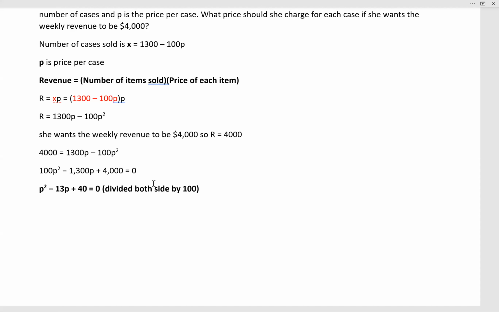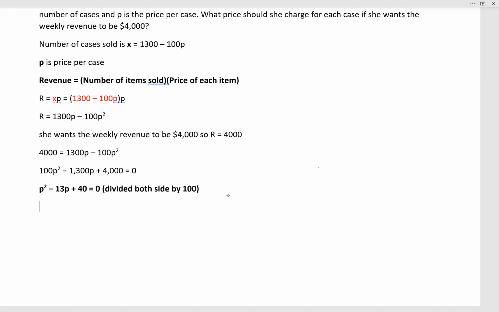So 0 divided by 100 is still 0, but for the other terms it changes. Okay, so I have p squared minus 13p plus 40 equals 0. Okay, so now this looks like a quadratic equation, right?